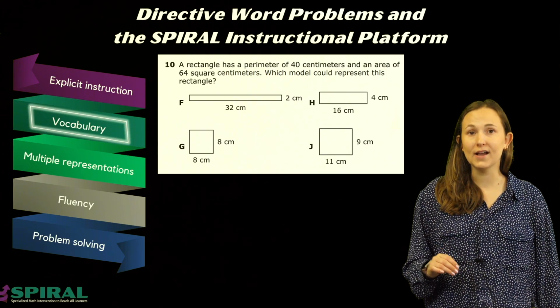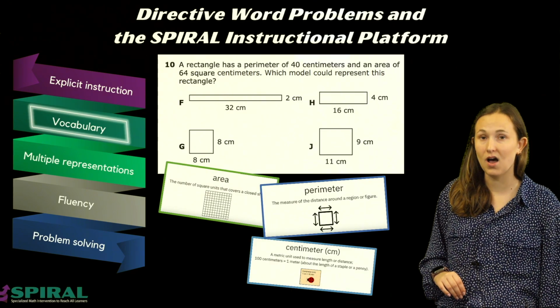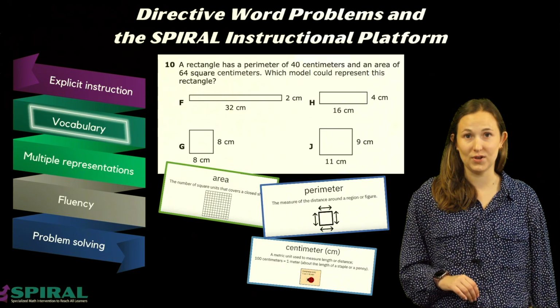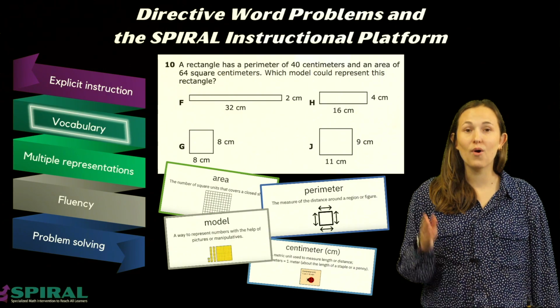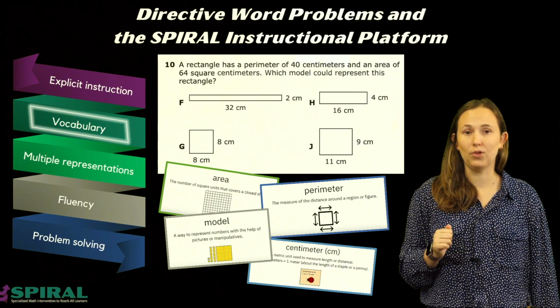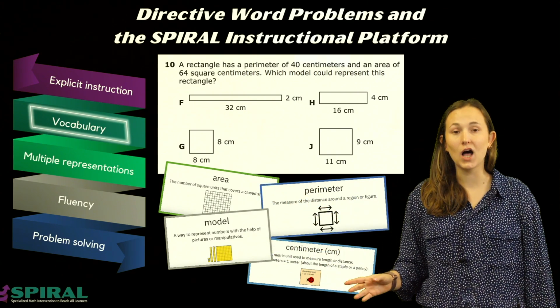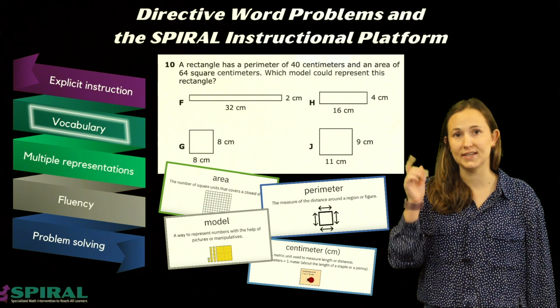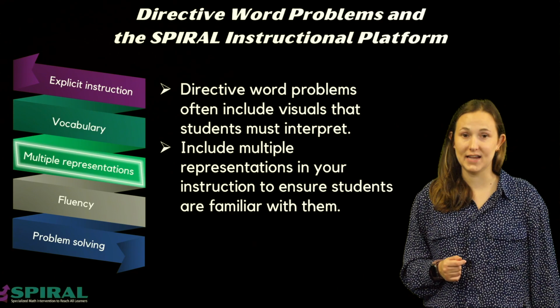It says a rectangle has a perimeter of 40 centimeters and an area of 64 square centimeters. Which model could represent this rectangle? So within this directive word problem, we can use 4 different spiral word wall cards to help support students in understanding this vocabulary. Next, we have multiple representations.